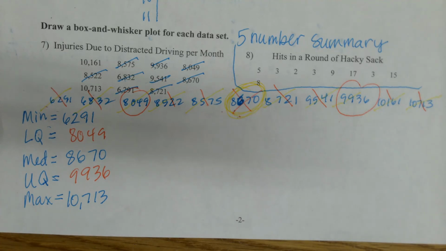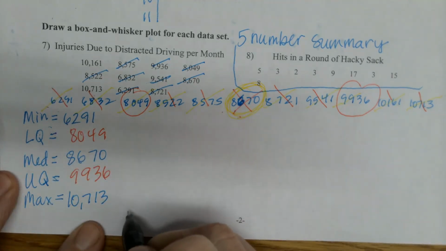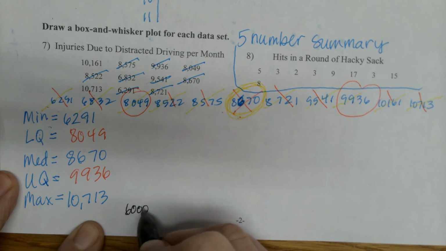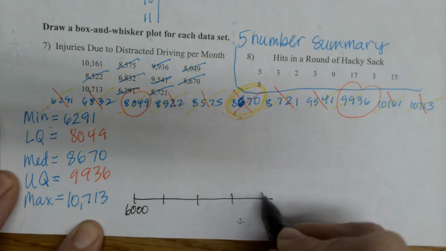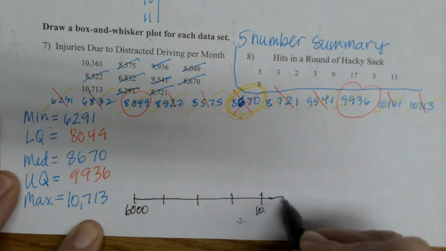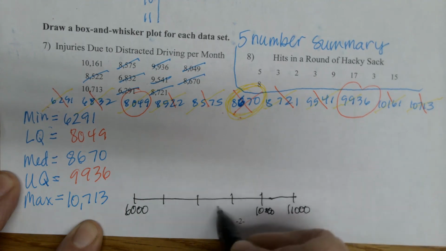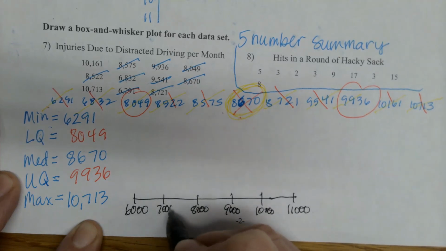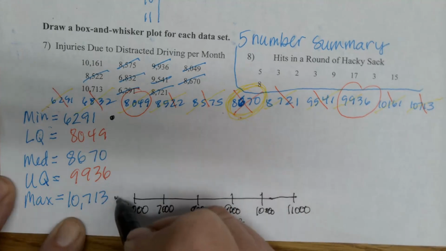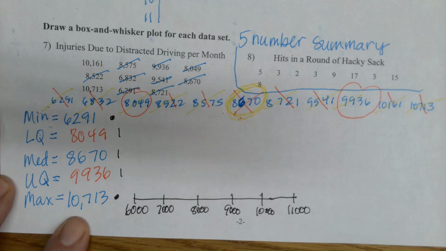Now I have to draw out a good number line for this. I think it would be very easy to go by 1,000s. So I'll start at 6,000 on my number line, and then 7,000, 8,000, 9,000, 10,000, and I might have to go to 11,000. I do. Then remember that we put dots on the min and max and lines on each of the lower quartile, median, and upper quartile.